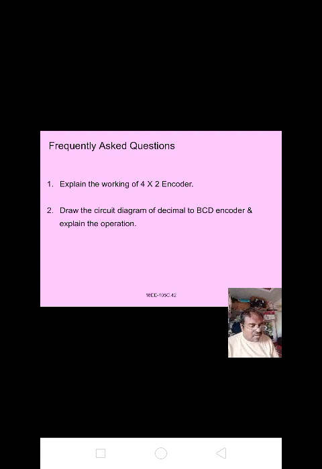We can take the values for decimal inputs D0, D1, D2, D3, D4, D5, D6, D7, D8, D9. Next, the outputs, that is in binary, are A3, A2, A1, A0.